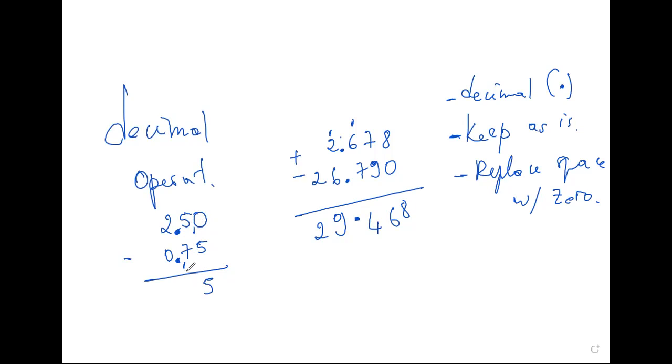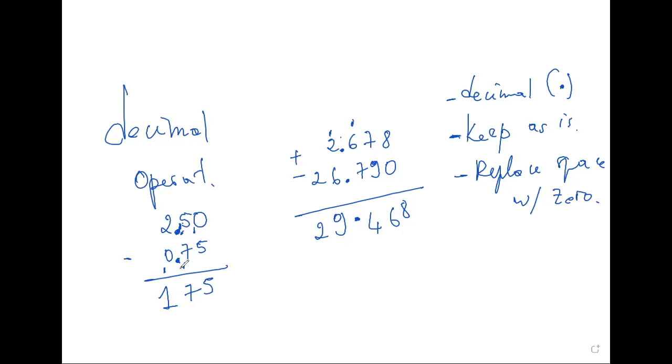That would be 5 minus 8, same thing. 15 minus 8, that would be 7. We bring back the borrowed 1 down here. 2 minus 1 is 1.